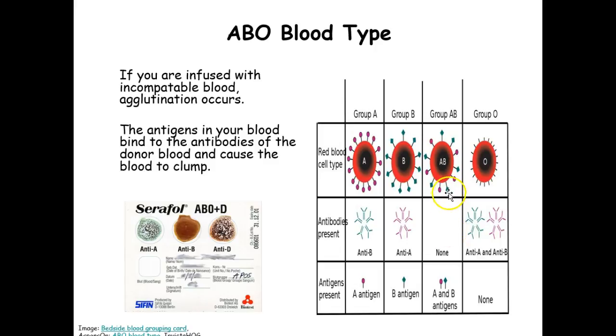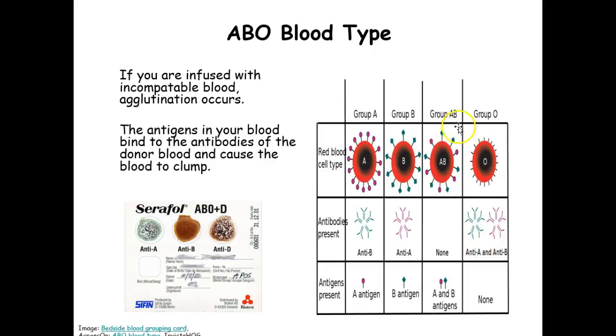Yes, there would be, because it would attack itself. So this person doesn't have an antibody. Person O has no sugars on the outside, so it's going to find A foreign, it's going to find B foreign in its body, and that's why it produces the antibodies for A and B.